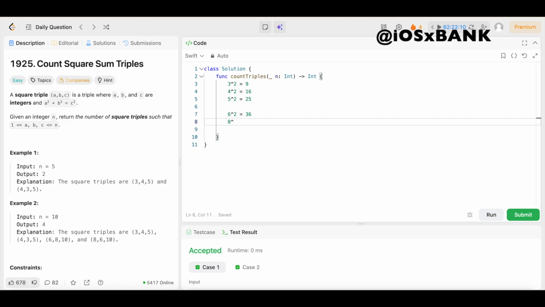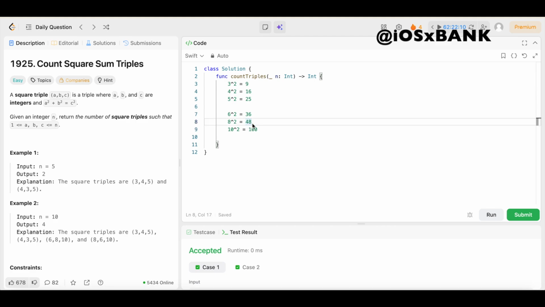Oh no, 8 squared equals 48. Hopefully my math's not off, but if it is, I'm sure we'll find out soon. Then 10 squared is equal to 100. So no, this is not 48.